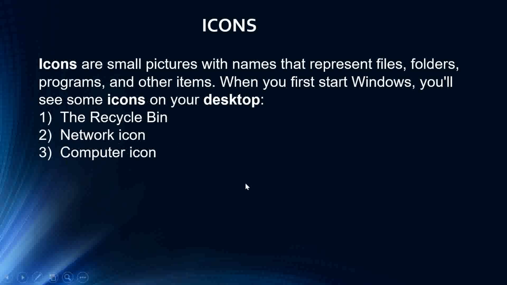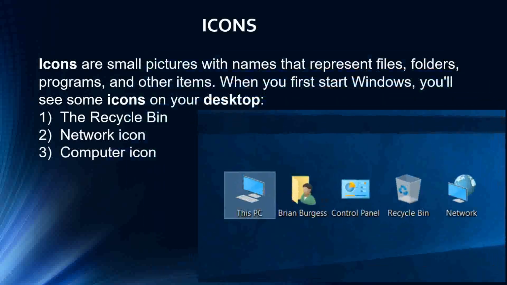The This PC I showed you right now was the Computer icon. Then you have the Recycle Bin, the Control Panel, and the Network. These are the common icons that you can see on your desktop.